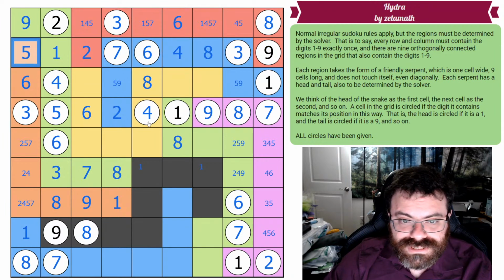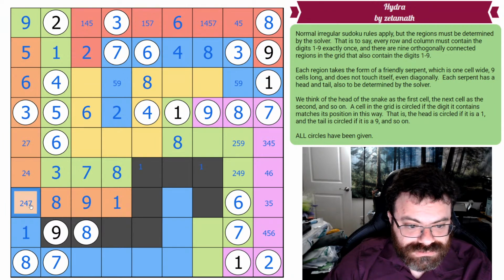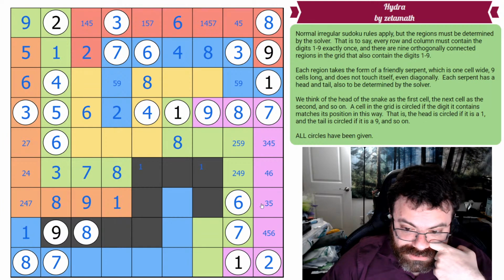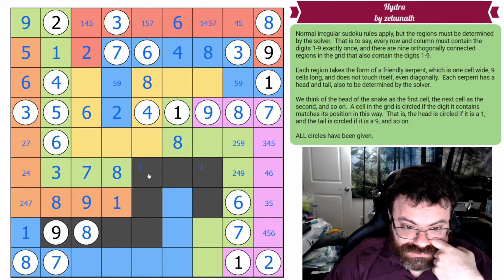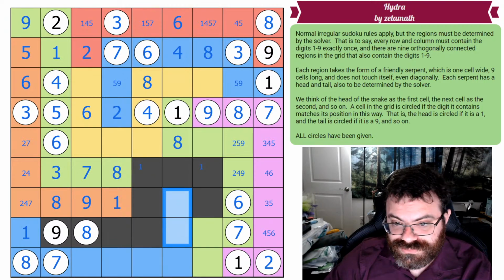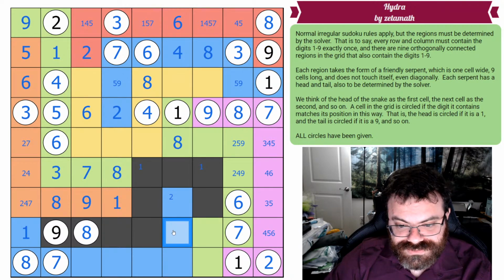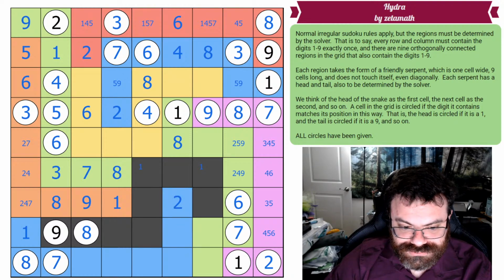Row 2 is done. Okay. Can't resolve that, I don't think. Two in blue is in one of these two. But it can't be here because of negative constraint. That's a 2. That's not 2.